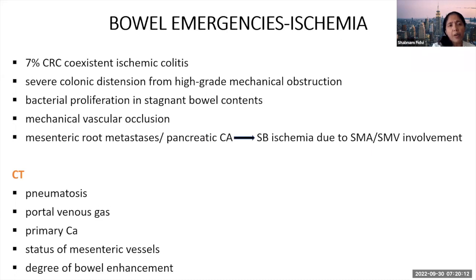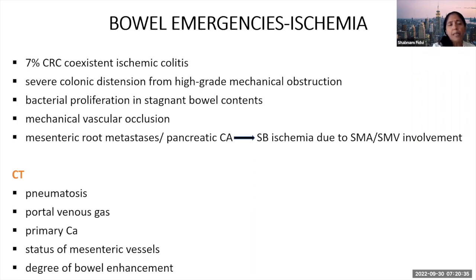You can also have bacterial proliferation and stagnant bowel contents resulting in ischemia. And also remember that patients with pancreatic cancer or other malignancies that involve the root of the mesentery can cause small bowel ischemia. This is due to either involvement of the superior mesenteric artery or the superior mesenteric vein.